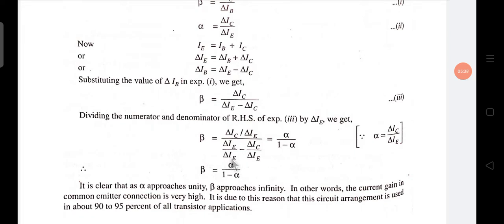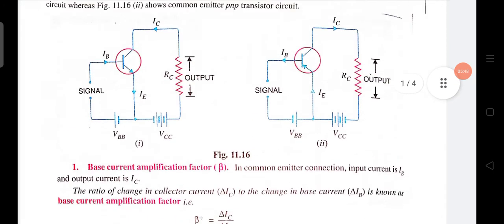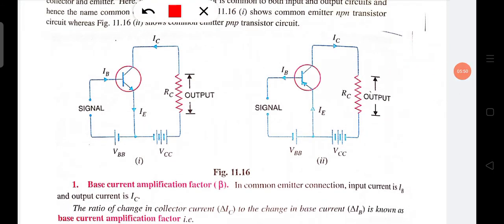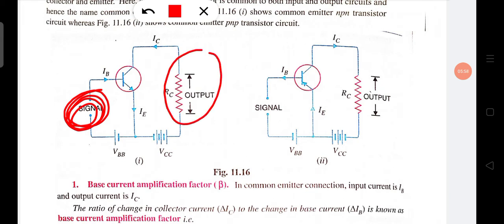Current gain means what? The gain of current from input to output. The amount of current we use in the input signal gets amplified in the output signal, and how much amplification there is, that is called the current amplification factor.